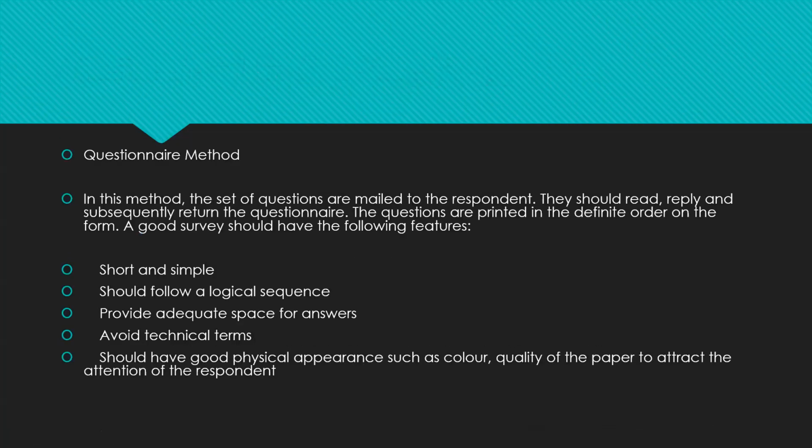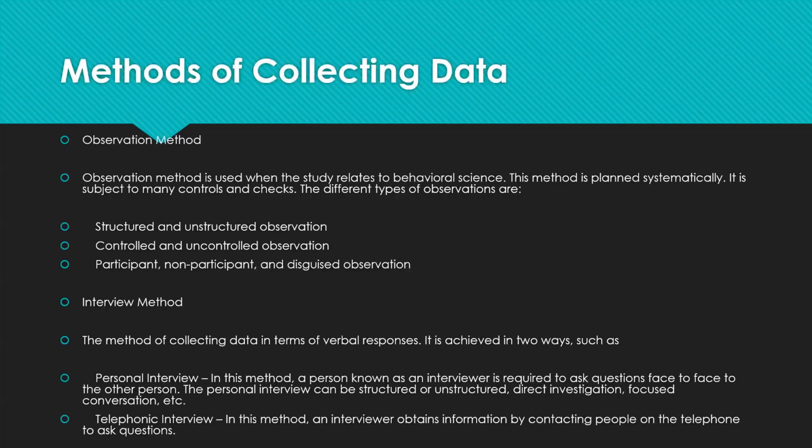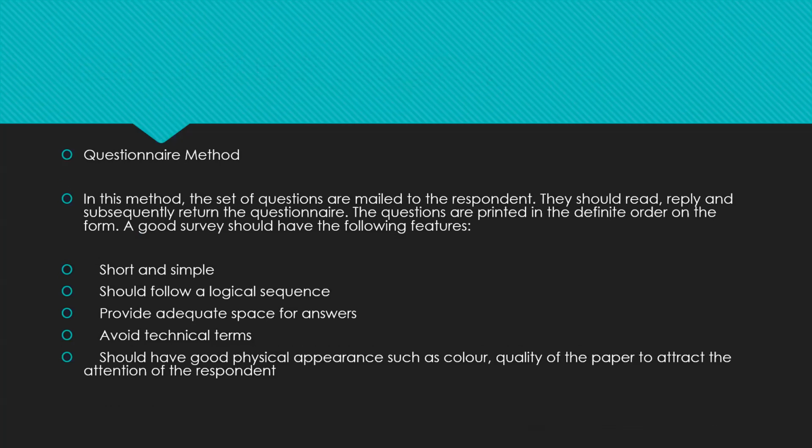So the third method of collecting primary data is questionnaire method. In this method, the set of questions are mailed to the respondent. They should read, reply, and subsequently return the questionnaire. The questions are printed in the definite order on the form.